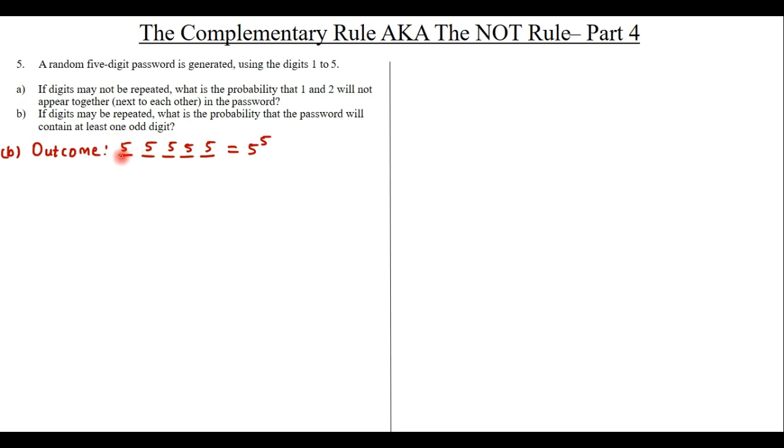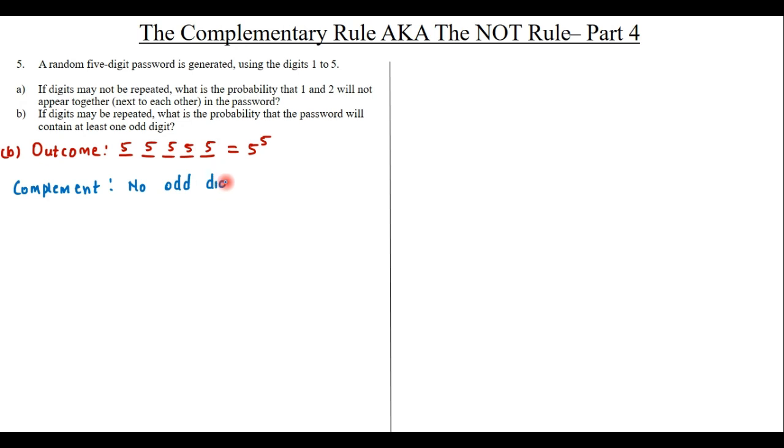Now, this is not easy to count directly because the minimum here must be 1, so it could be 1 or more. But if we look at the complement, or the opposite of this, which will be very easy, the complement will be when we have no odd digit.